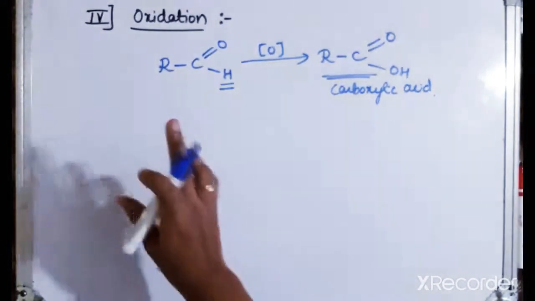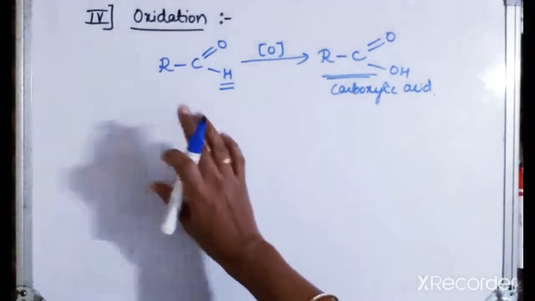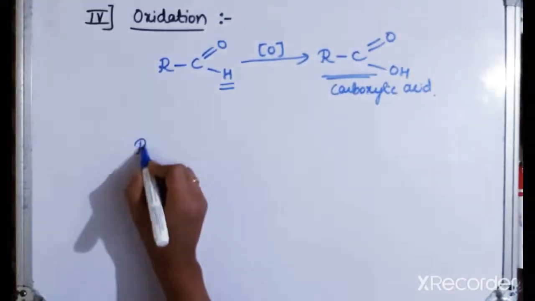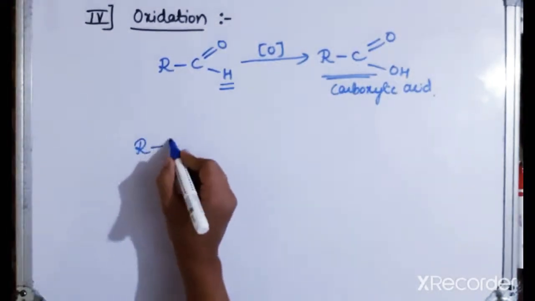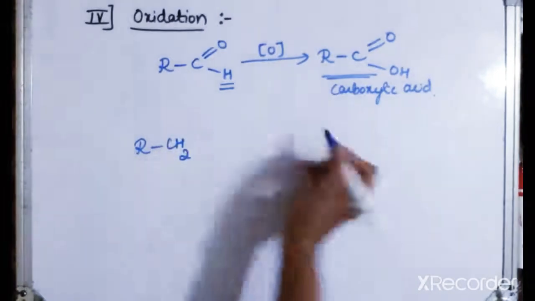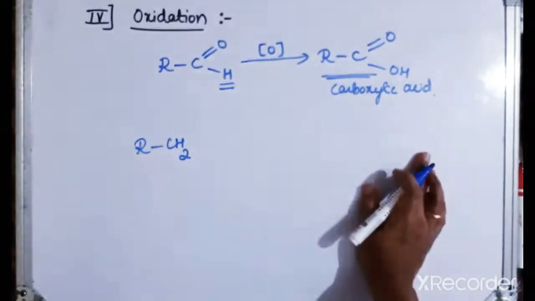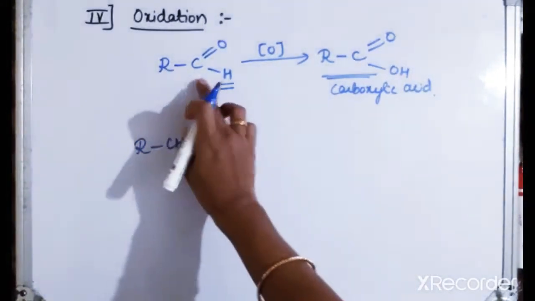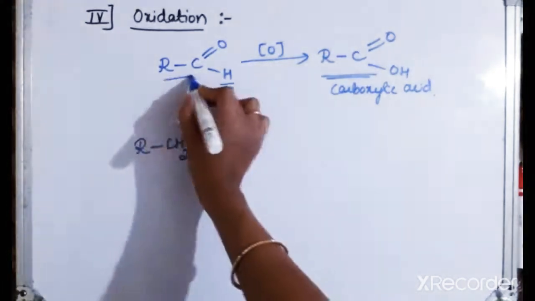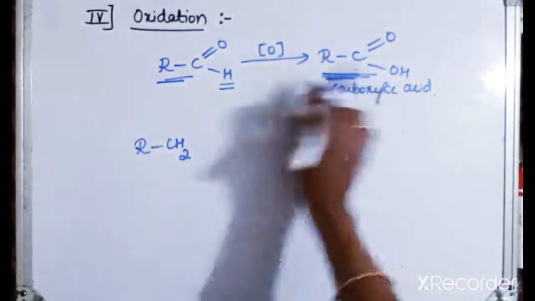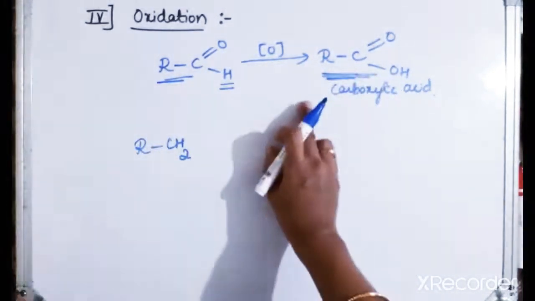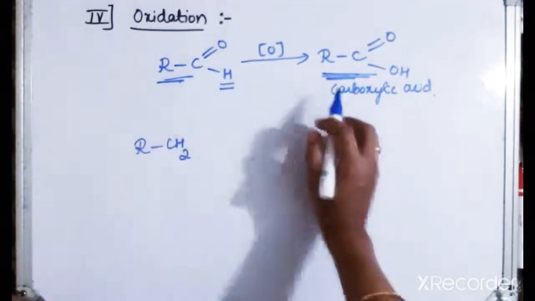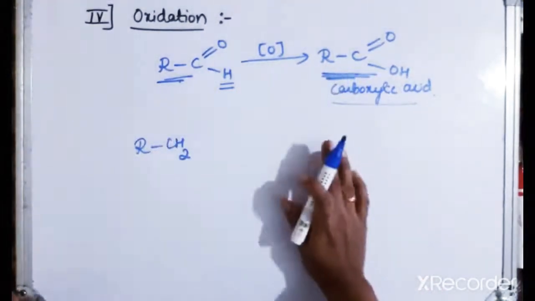But ketones will not undergo oxidation so easily. They undergo oxidation only in the presence of strong oxidizing agents, and that also results in the formation of carboxylic acid. But the difference is, in the case of aldehyde, the number of carbon atoms in the reactant and in the product will remain the same.